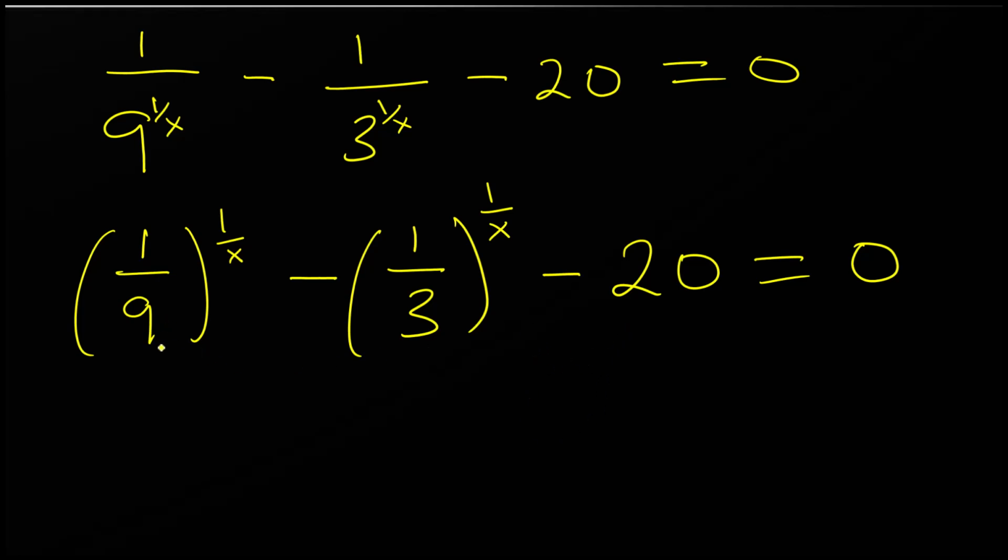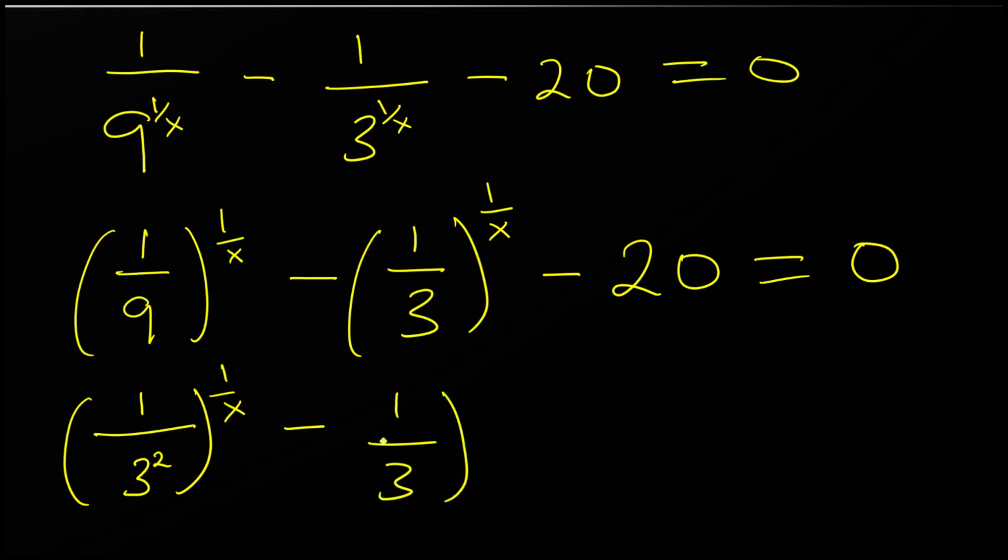Now, because 3 squared is 9, you can write this one as 1 on 3 squared. Then we have this one minus 1 on 3 all raised to 1 on x minus 20 equal to 0.